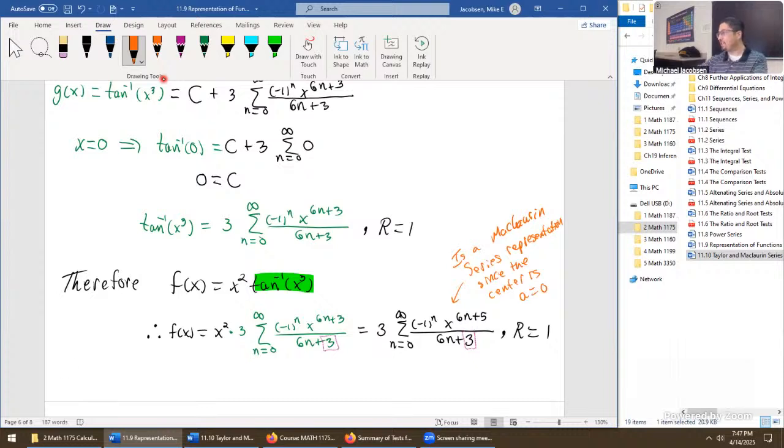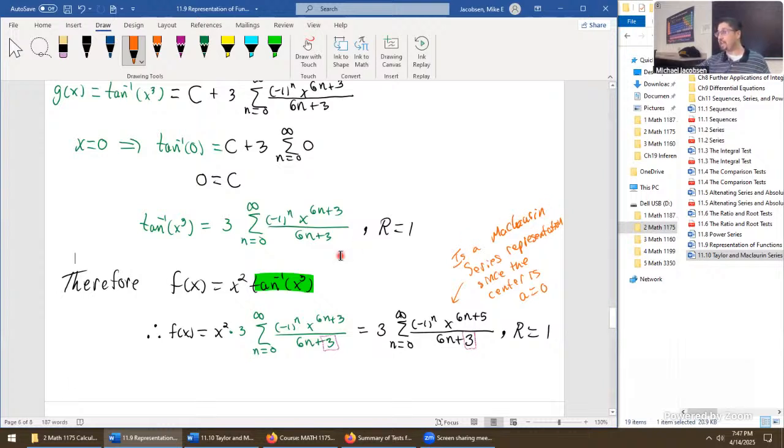If the center was anything else, maybe a equals 1, we would have had x minus 1 to the power 6n plus 5, but then we would have called it a Taylor series. That's the only difference between these fancy words, the Maclaurin and the Taylor series, whatever its center happens to be.